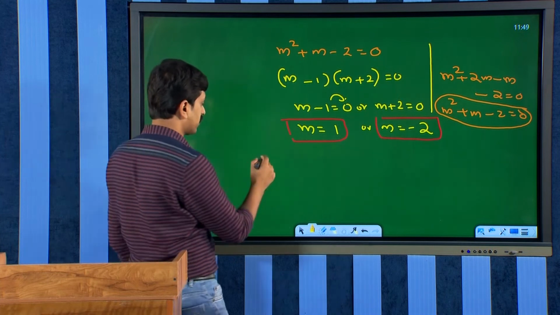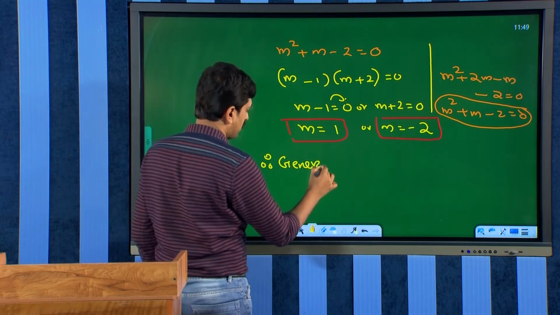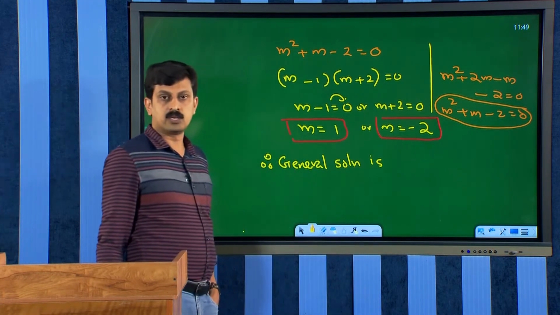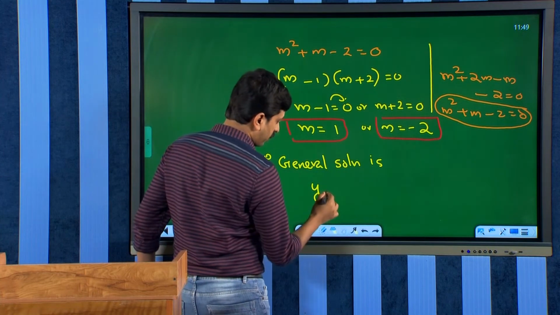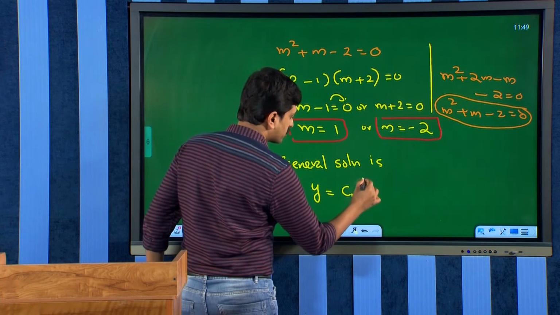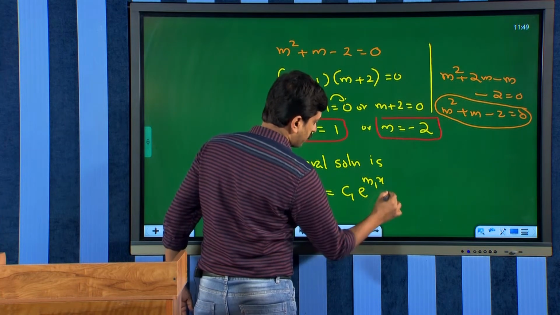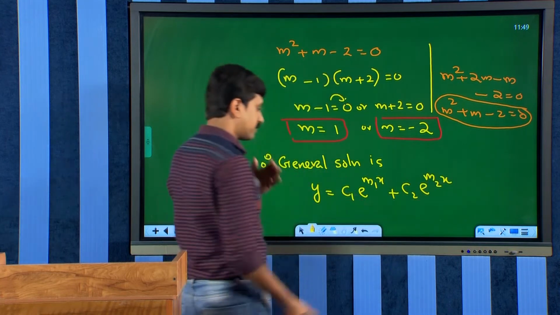Therefore, the general solution is y is equal to c1 e raised to m1x plus c2 e raised to m2 of x.